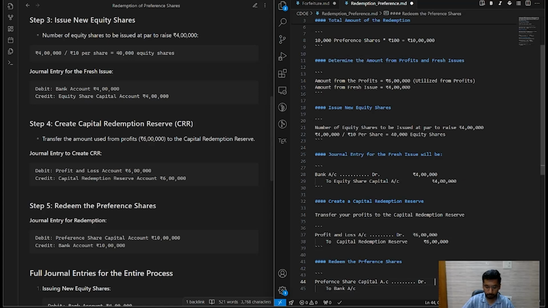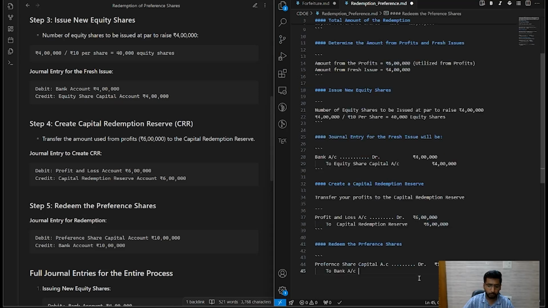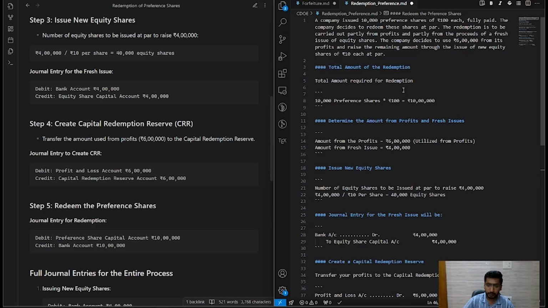The amount will be rupees 10 lakh. Why? Because we have issued the fresh equity shares, so we have rupees 4 lakhs from there, and we already have rupees 6 lakhs from our profits. So we have to just pay to the preference shareholders now the entire amount of rupees 10 lakhs. That's it. That solves our problem. So basically, these will be the journal entries required.